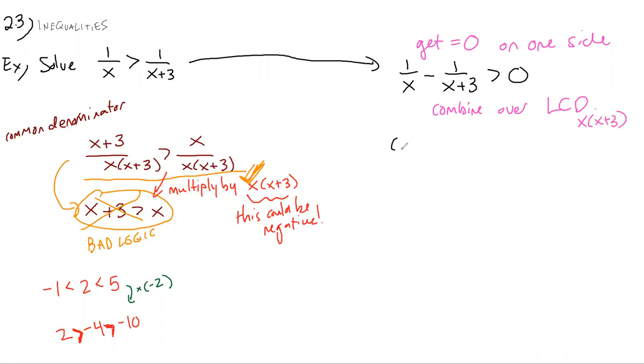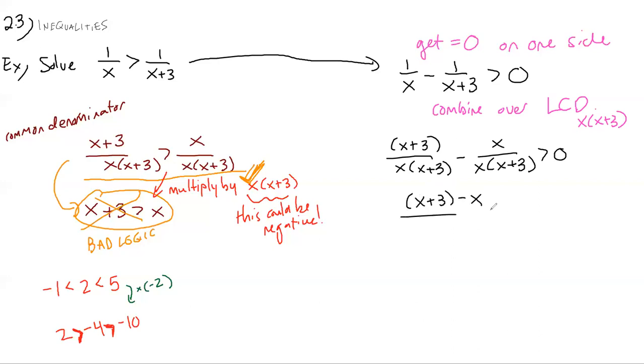So I'll have x plus 3 over x plus 3 minus x over x plus 3 is greater than 0. If we have polynomials like this, we don't have to do any combinations, but we do here. So we should have x plus 3 minus x over x plus 3 is greater than 0.